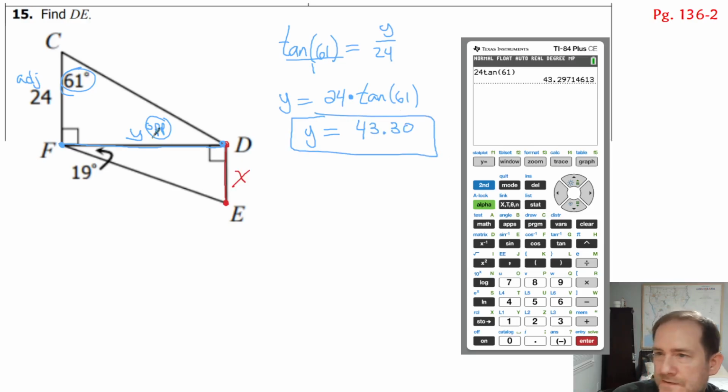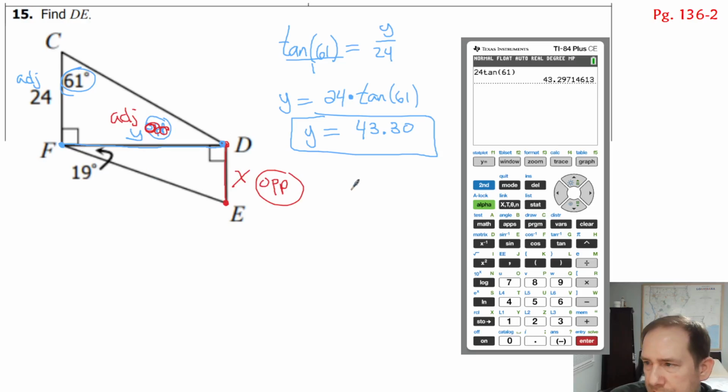And then the deal is, I can now use Y to figure out X. Now things have changed because in the bottom triangle, X is opposite from 19. But Y, which used to be opposite from 61, Y is now adjacent to 19. So since in the other triangle we're working with opposite over adjacent, we are going to write another tangent equation.